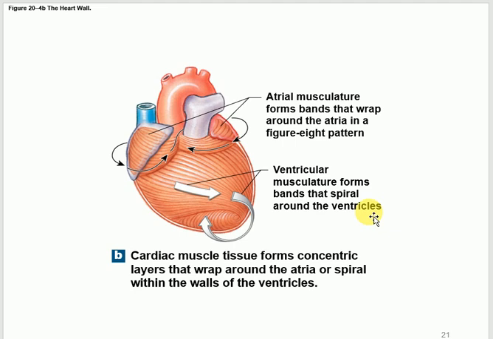The muscles are arranged in different directions to make sure that when you contract all these muscles, it pushes most of the blood out. So it's arranged in a spiral way, like a figure eight around the atria. If you draw an eight, this is how it's arranged around the atria.